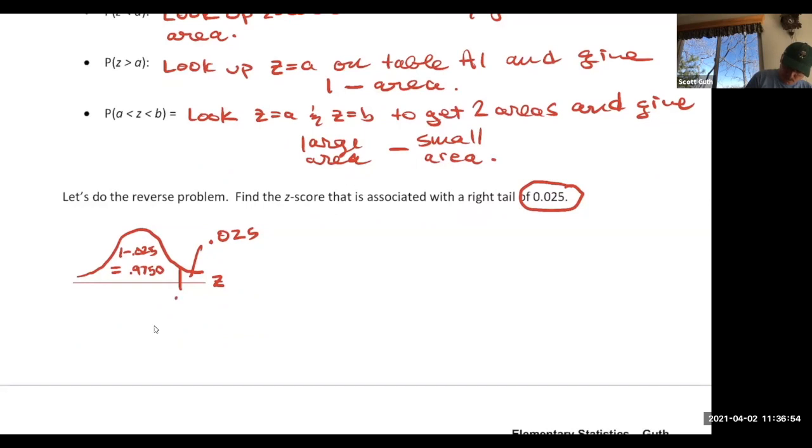There's a big question mark here for the Z-score. That's what they're asking for. If you go to table A1 and find something close to 0.9750 in the body of the table, not on the edges, that would tell you where your z-score is.